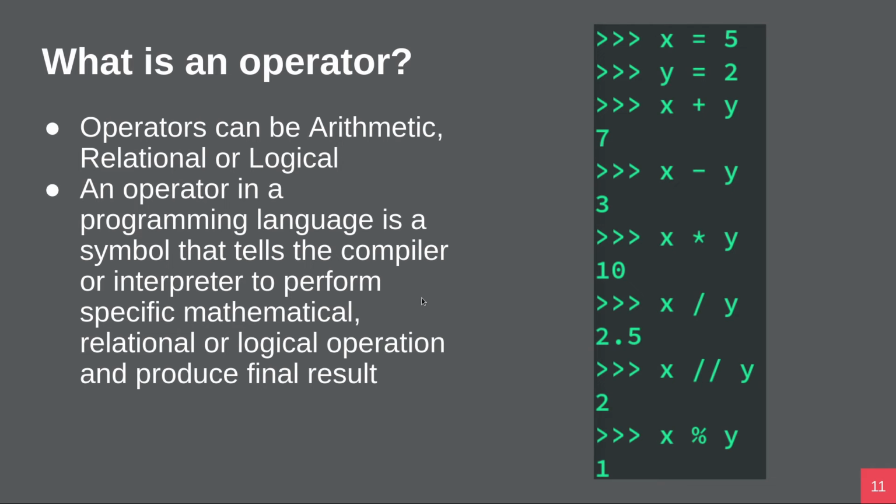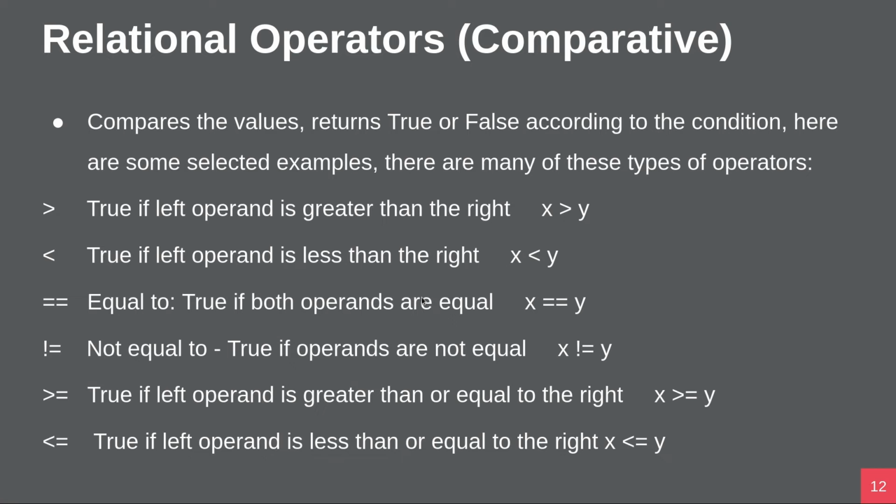Relational operators are just operators that compare things: is it greater than or equal to, less than or equal to, not equal to, true, false. I think the best name for them is comparative operators, because you're comparing two things. You're saying, is this greater than this, or is it less than this?